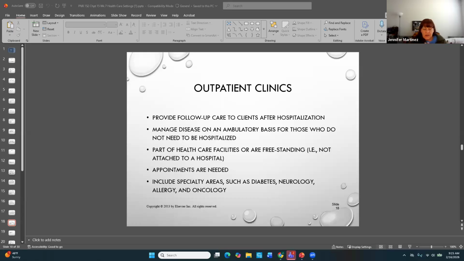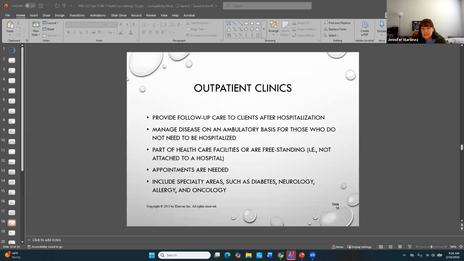They provide follow-up care to clients once they get out of the hospital, right? So you spend time in the hospital and maybe you're a newly diagnosed diabetic and haven't had any kind of primary care, right? So those outpatient clinics will follow that diabetic person after they got out of the hospital.